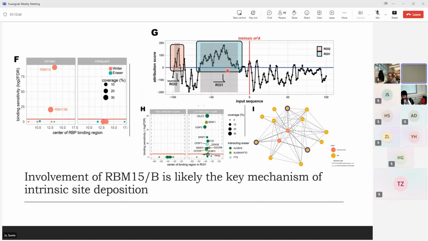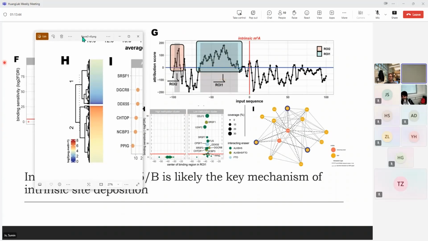And then we wanted to see the other RBP bindings, like Dr. Ron explained. So we grouped the intrinsic sites into two: lower methylation versus higher methylation clusters.